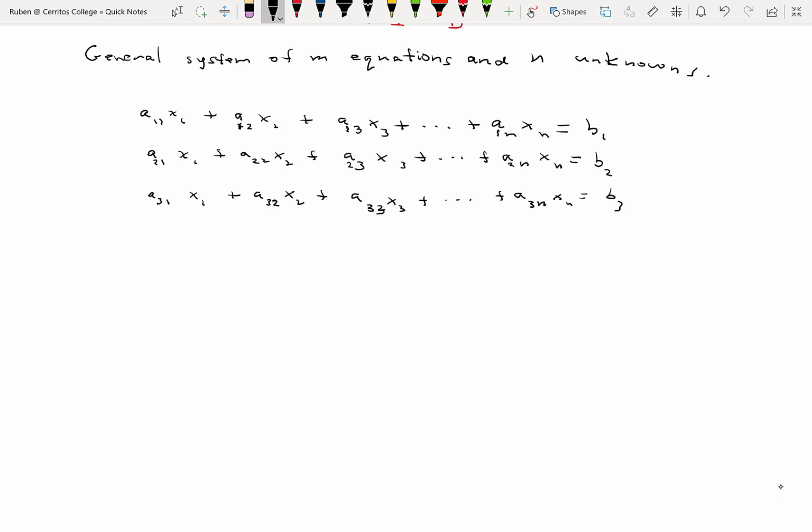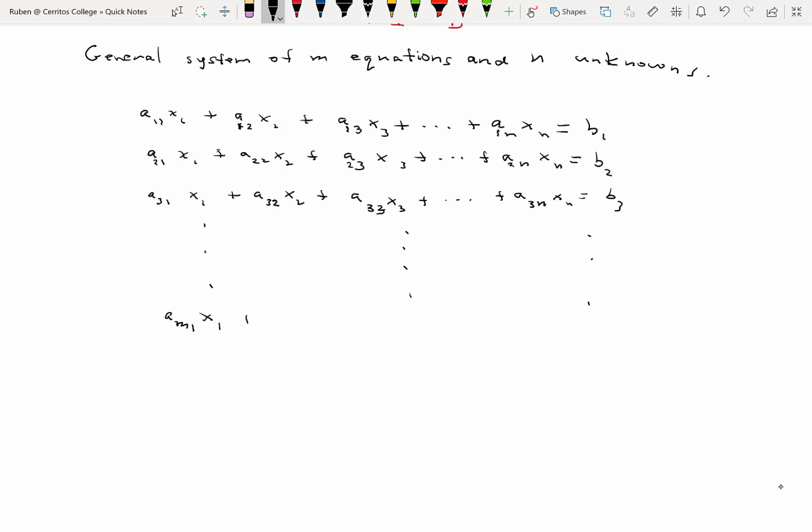Let's skip down to the last equation. The last equation is going to be which equation? Is it the m, as in Mary, equation or n, as in Nancy, equation? It's the m as in Mary equation. So it's m, but it's the coefficient of the first variable.